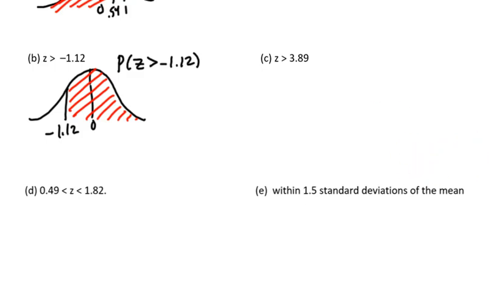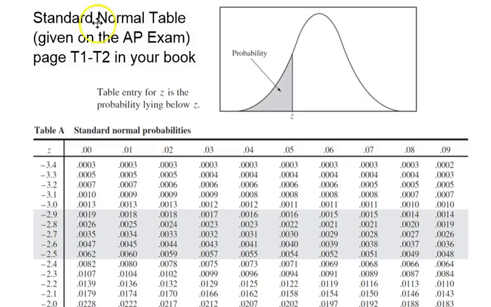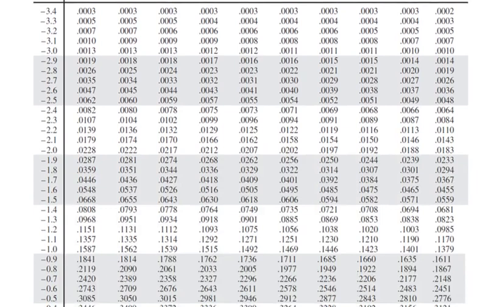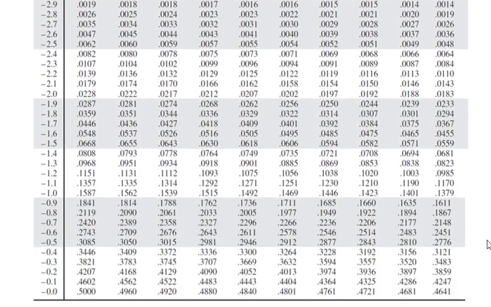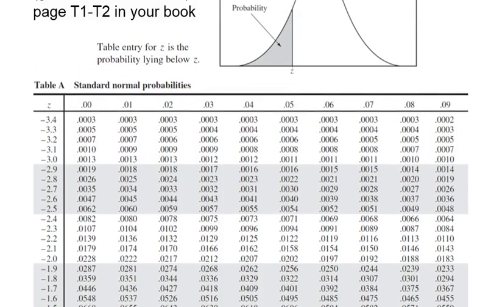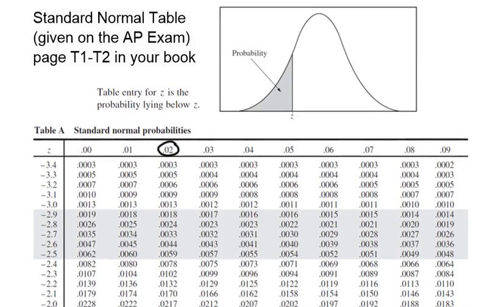When I go to the standard normal table, I'm looking at negative 1.1, and then the column gives me the 0.02, so this is 0.1314.